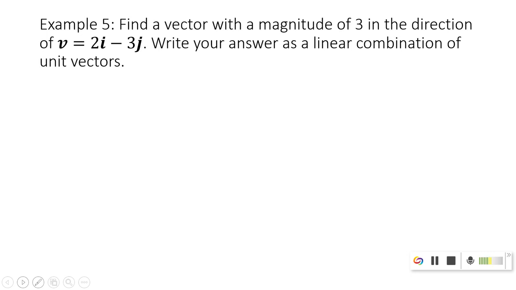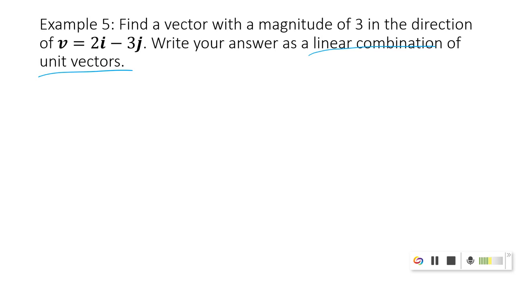So my next example says, find a vector with a magnitude of 3 in the direction of v, where v is 2i minus 3j. And this time they're actually telling us how to write our answer. Write our answer with i's and j's.